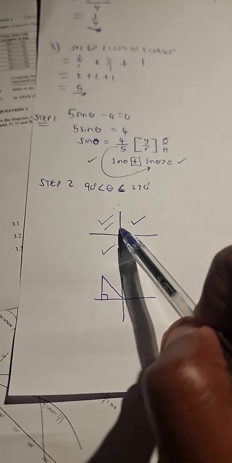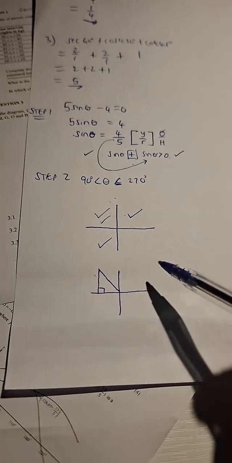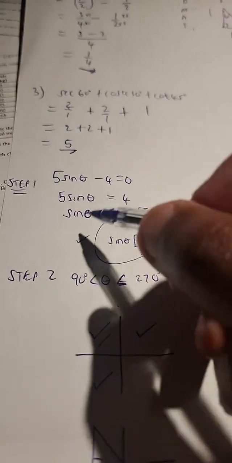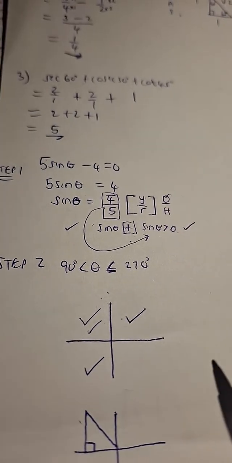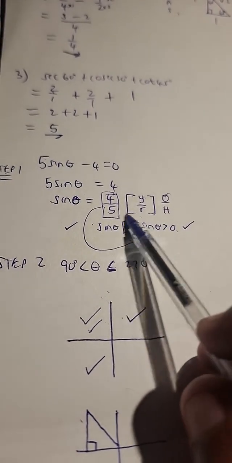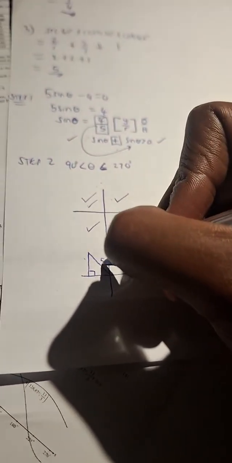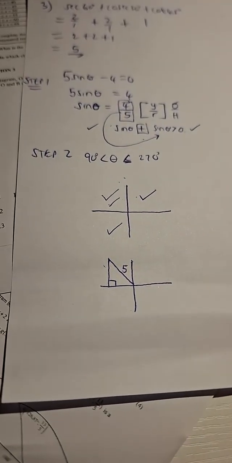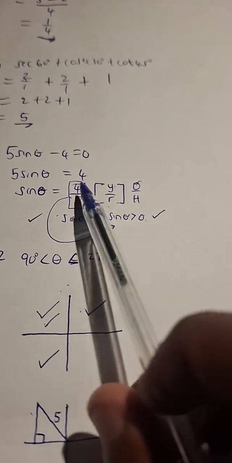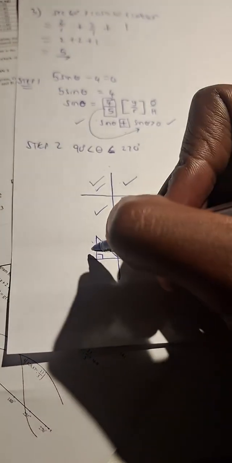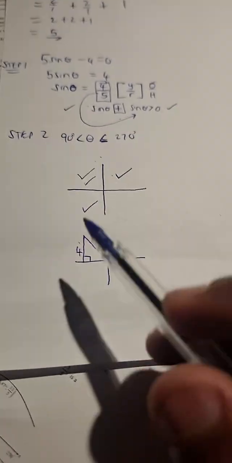Then this means my diagram is in the second quadrant. I come back to my ratio, 4 over 5. R is 5, so I write R there. It is always positive, of course. Y is 4. Y is there.